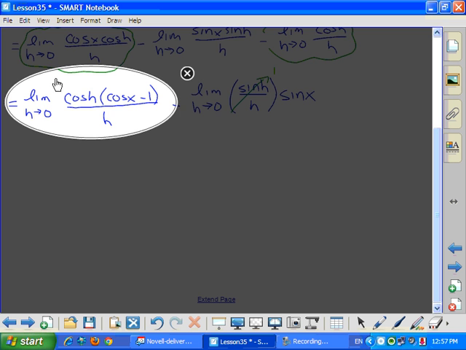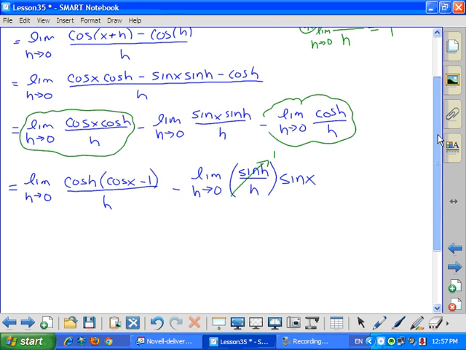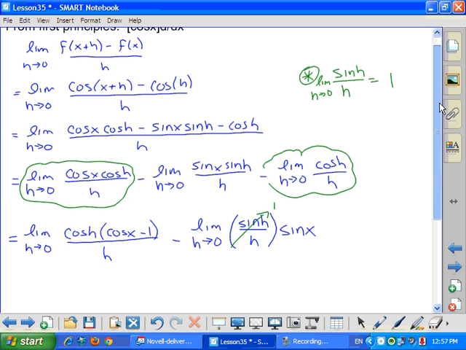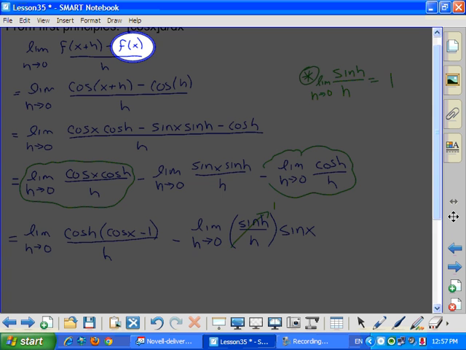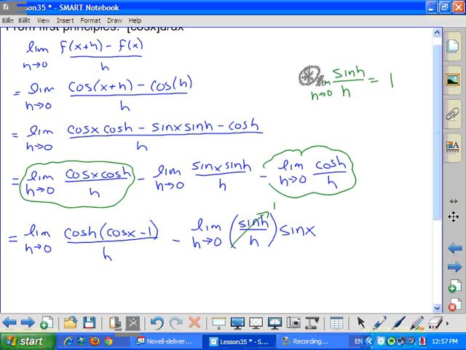What we are going to do here, I just want to double check to make sure I factored out the right term. And of course, I made a small mistake here. Up at the top, and some of you might have already caught it, minus f of x. That should have been cos x, not cos h. So we're going to do a quick fix here.